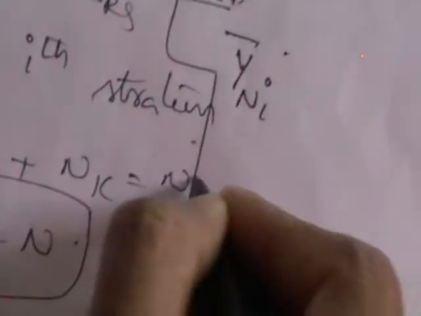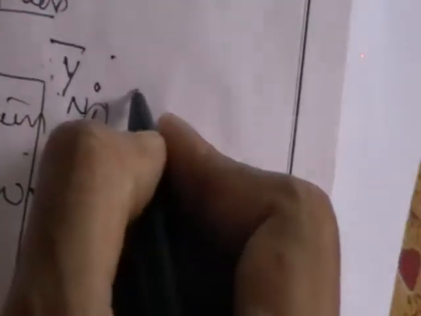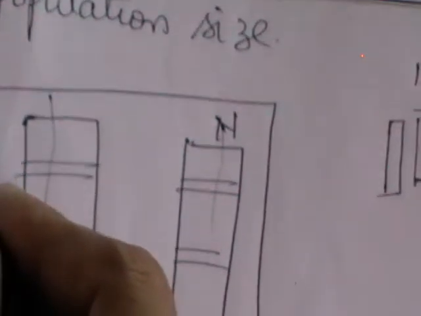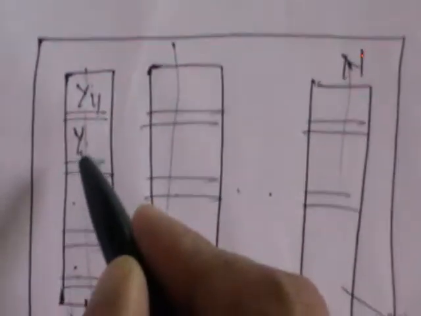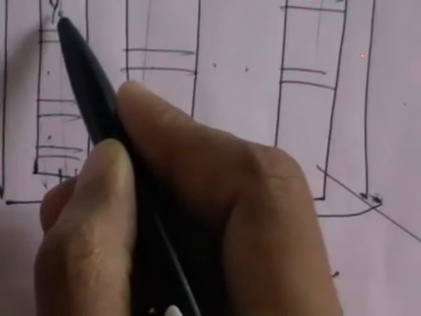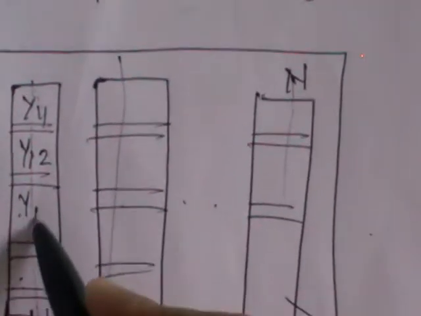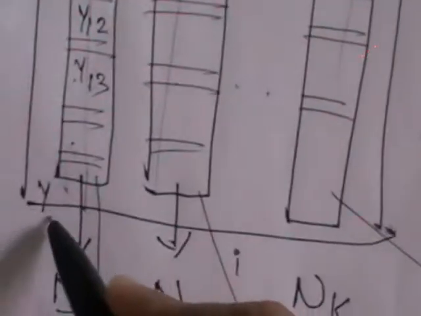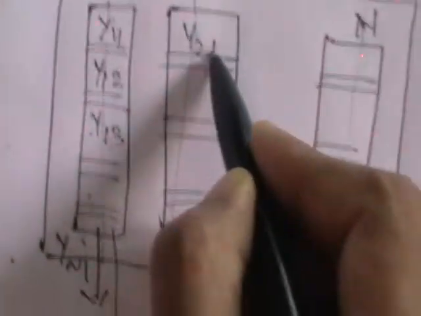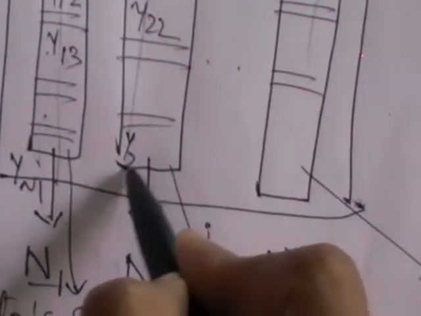So let us define Y bar i and Y bar st. Y bar i, as I said, i stands for stratum, so Y bar i stands for the mean of the ith stratum. Let us say this is the ith stratum. You will have Y11, Y12, Y13 and so on, Y1N1, then Y21, Y22 and Y2N2.